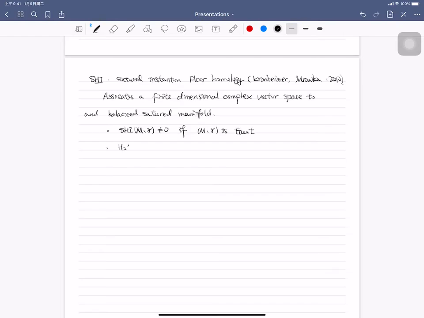And if the second homology of M is 0, then it's of rank 1 if and only if M and gamma is a product. And also, if we have a suture manifold decomposition, then the sutured Instanton Floer homology of the decomposed suture manifold is a summand of the original.